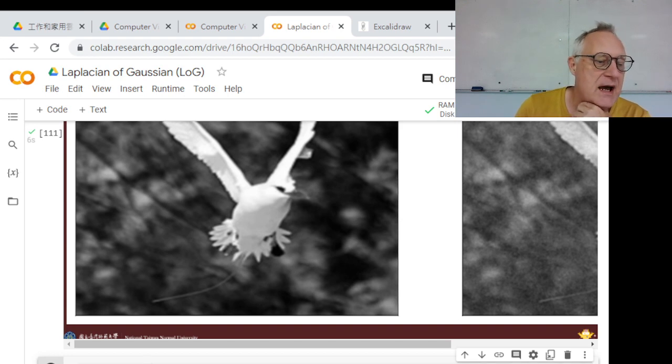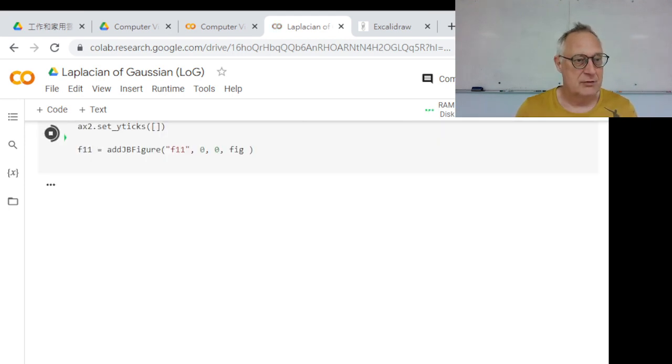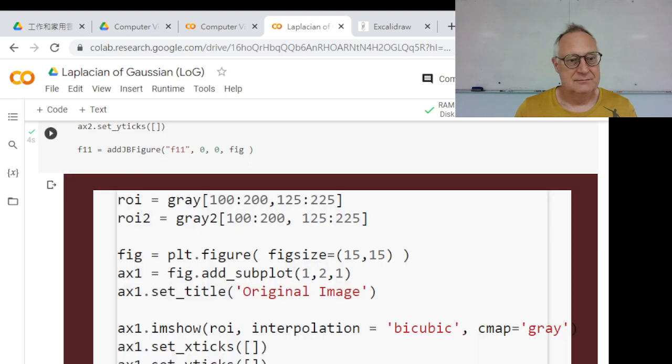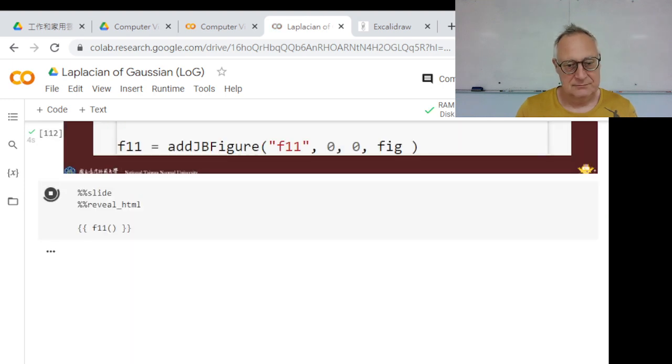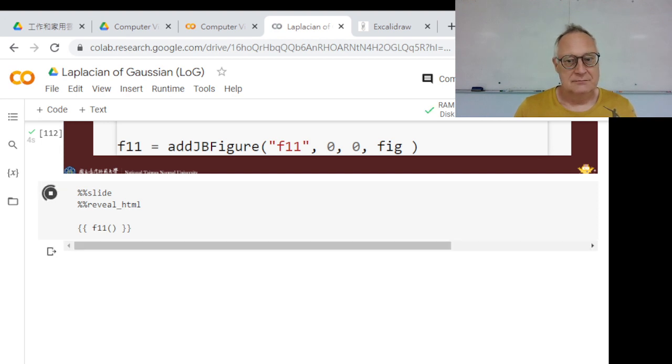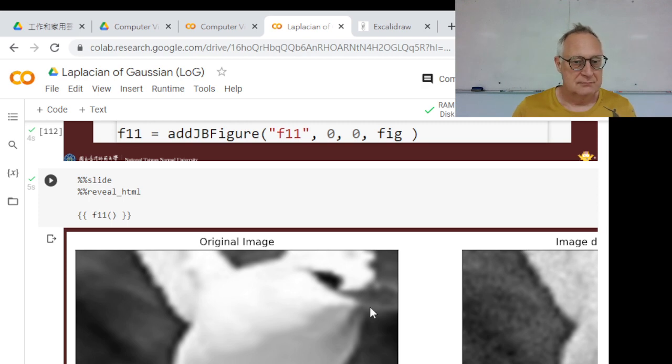So what do you think will happen to our Laplacian operator now? We can zoom in, first of all. And you can see the noise pattern in the image here.